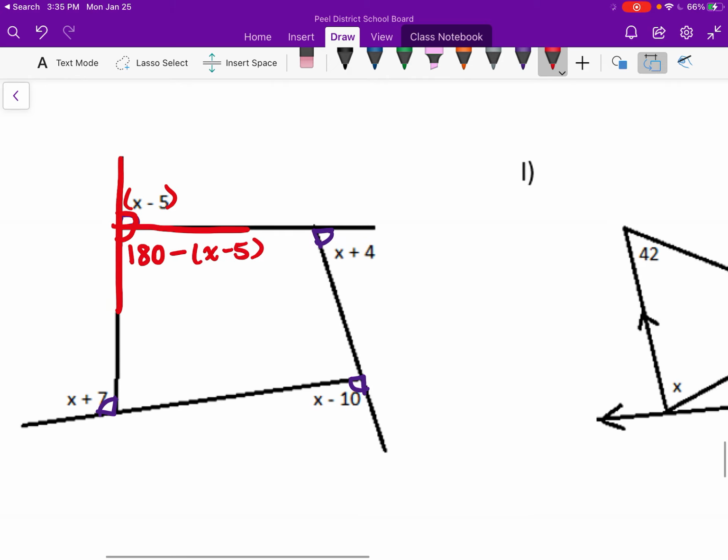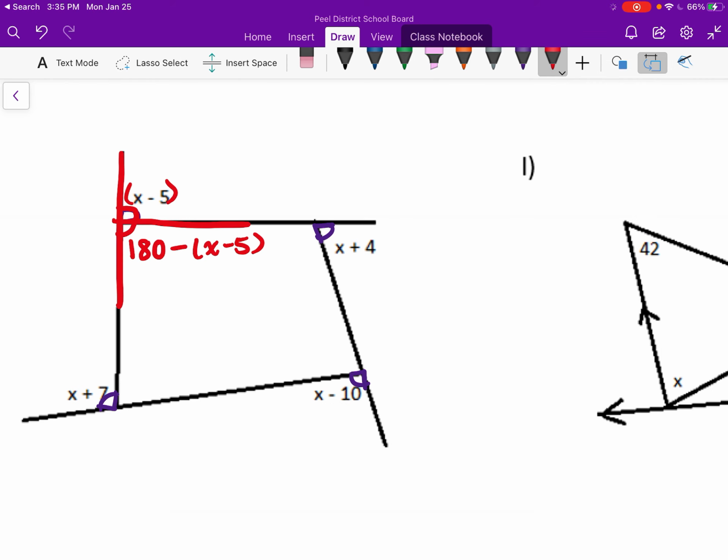Okay? And I'm going to simplify that. So 180 minus x, and then minus 1 times negative 5 is going to be a positive 5. Let's collect these like terms, and I'm left with 185 minus x. Okay, that's going to be my red side.